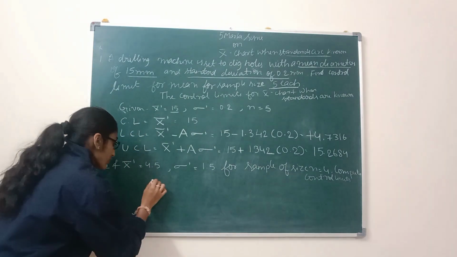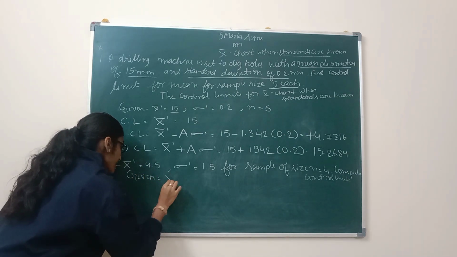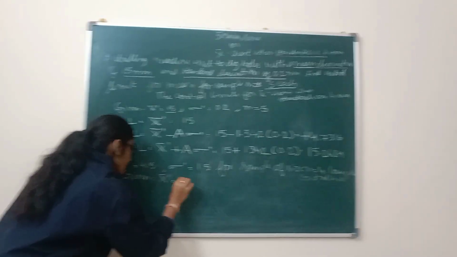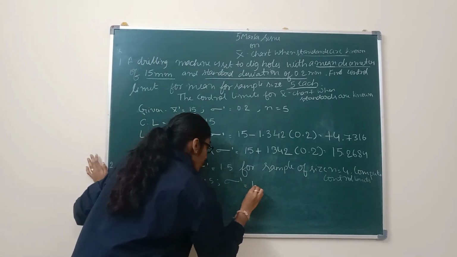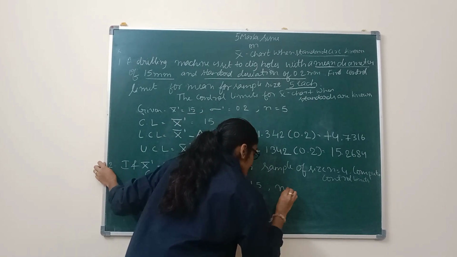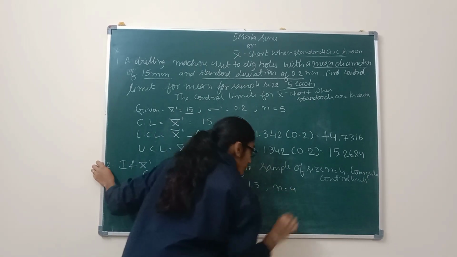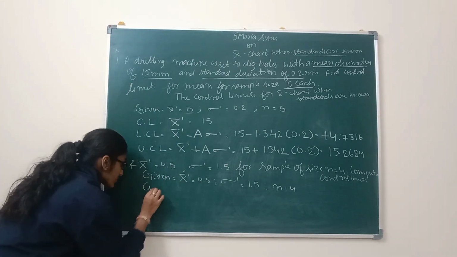Now let us write the given: X bar dash is equal to 4.5, sigma dash is equal to 1.5, and sample size n is 4. So control limits when standards are known.